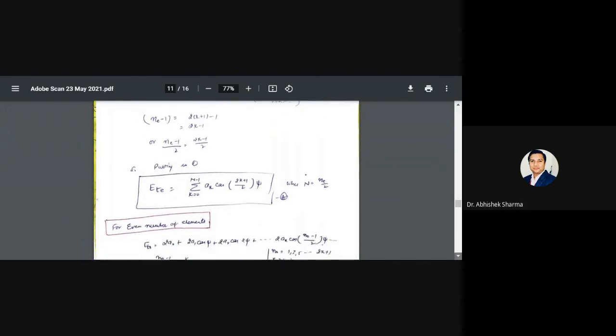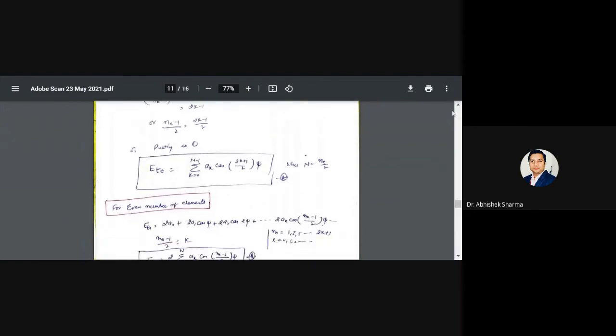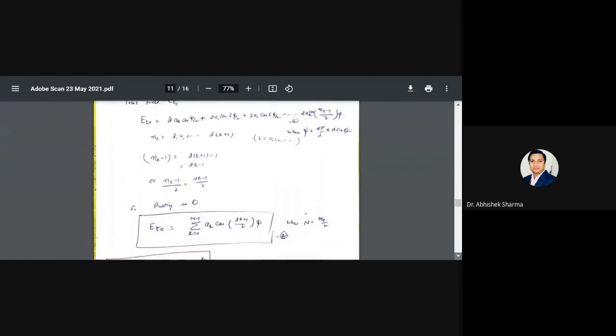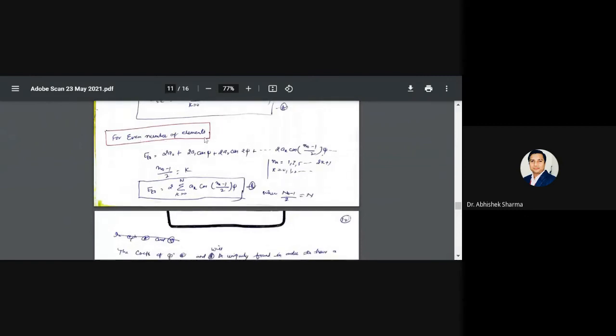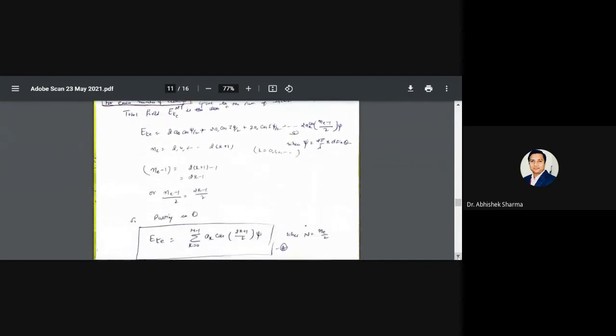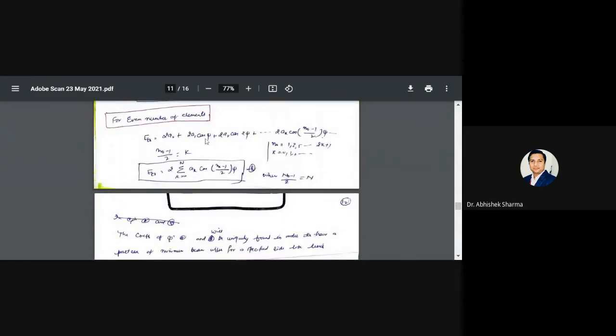So similarly, we can find it for an odd number of elements. So it will be equal to ETO, 2A0, 2A0 means this factor, this one, plus 2A1 cos xi plus 2A2 cos 2 xi up to 2AK cos of (No minus 1) by 2 xi, where No is 1, 3, 5 up to 2K plus 1.